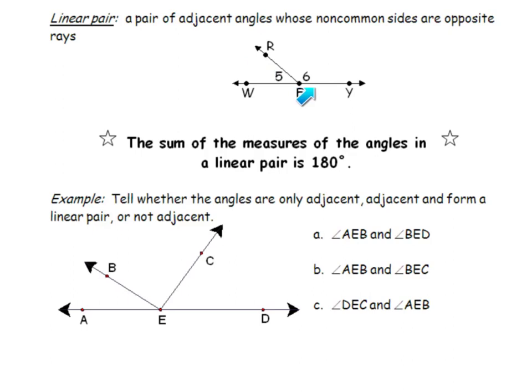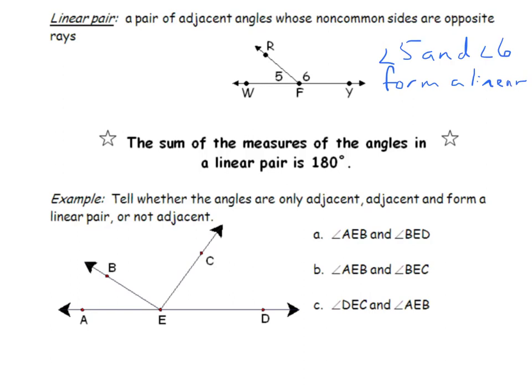But if you notice, their non-common sides, so in angle 6, ray FY, and in angle 5, ray FW, those are our non-common sides. And those non-common sides do indeed form opposite rays. So this would be considered a linear pair. So I would say angle 5 and angle 6 form a linear pair.